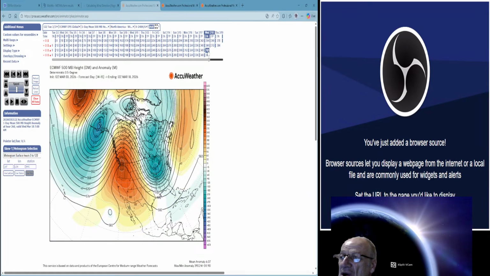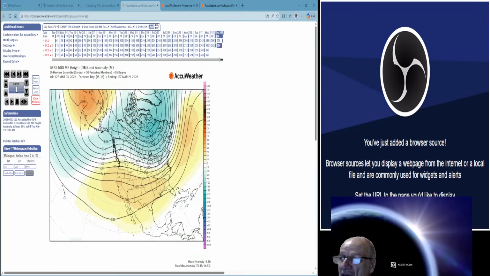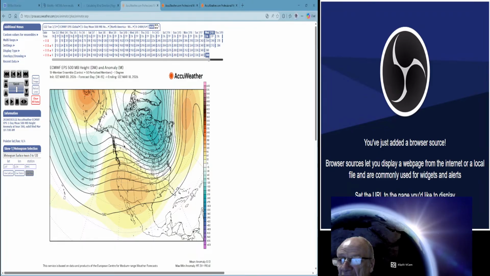We look at the European, still has a deeper ridge in the west, trough in the east. And we look at the ensembles, the GFS ensemble has somewhat of a trough here. You can see here the rotation. And the European ensemble shows the same thing.